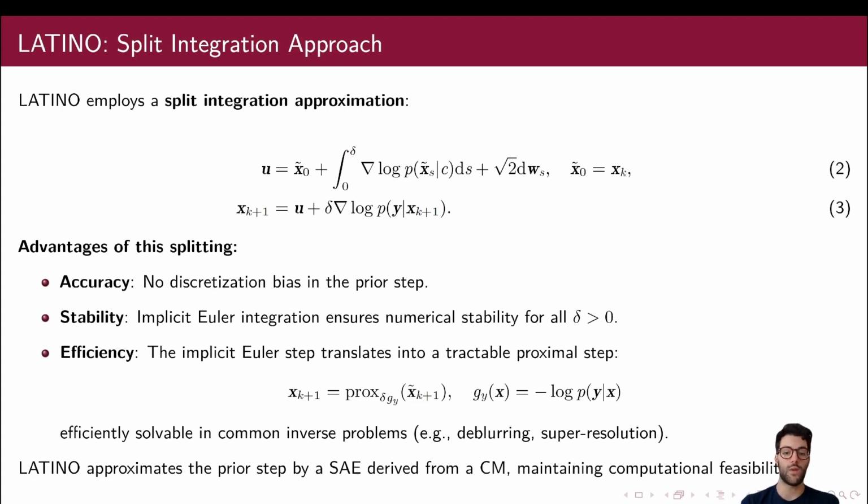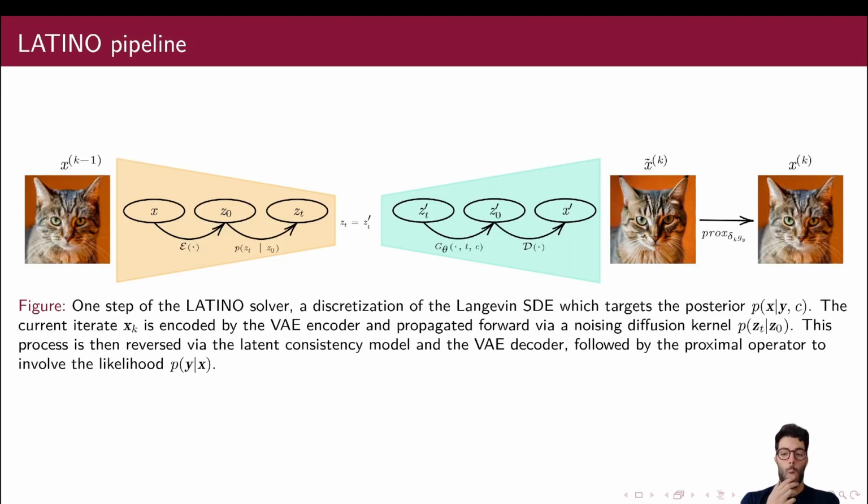But what we can do is approximate the first equation using what we call the stochastic autoencoder, or SAE. A stochastic autoencoder is derived from a consistency model and is what we see in the first part of this picture. We have an encoding part, where we have the encoder of the latent model, the VAE encoder.